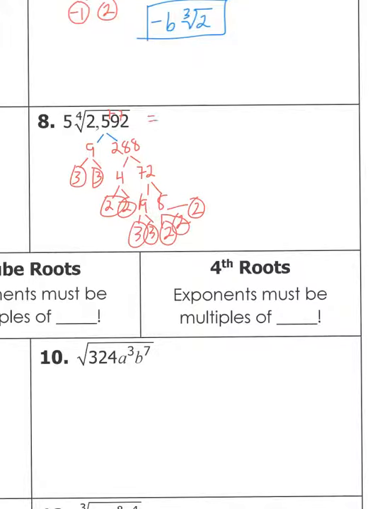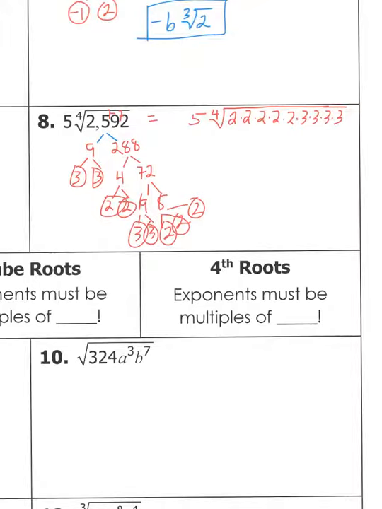So that gives me a 5 out in front, 4th root of, I've got 2, 4, 5 2s, and then 4 3s, so I think I got them all.